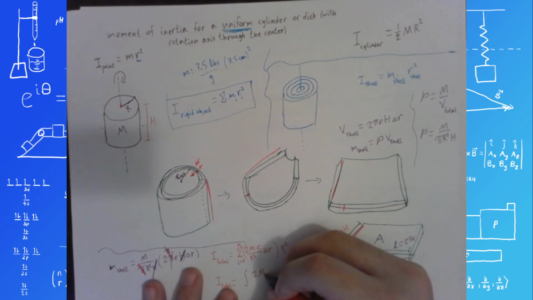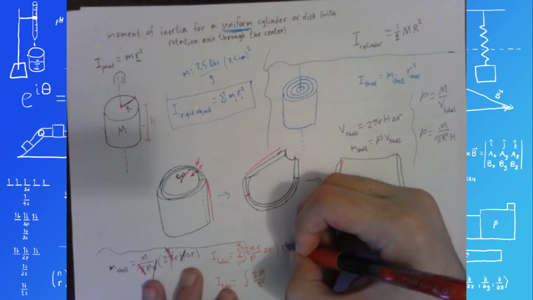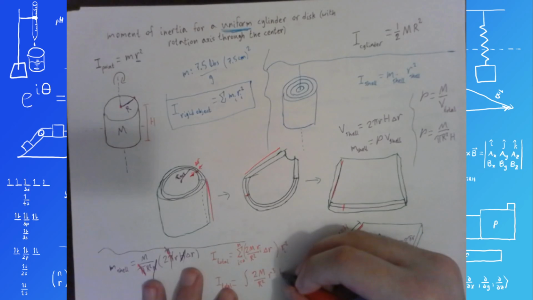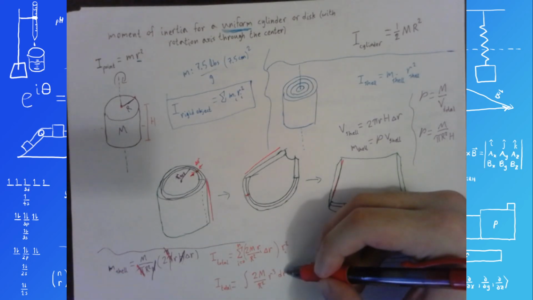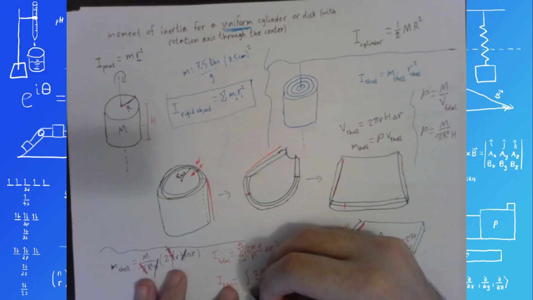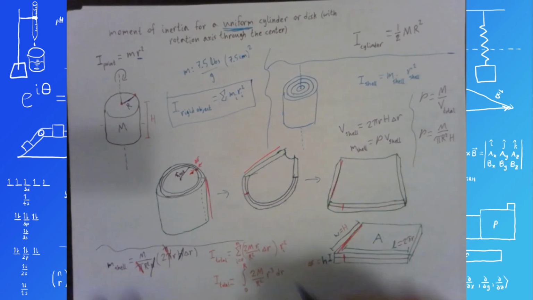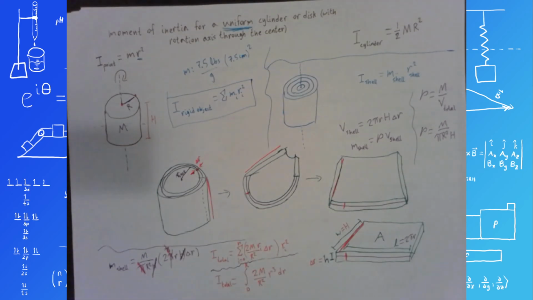So we've got 2M over big R squared, and then we've got this r and this r squared. That's going to become r cubed, and then the delta r is going to become our dr. And then we're going to have our integration bounds. Since we're integrating with respect to r, we're going to go from r equals 0 to r equals big R. Let me separate those so that they're easier to read.